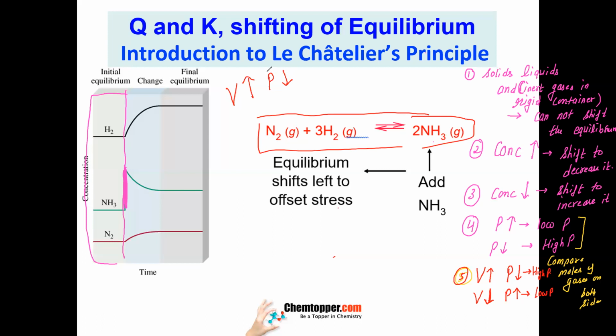So you're doing this change. This is the stress. Now the system will try to nullify this stress by shifting in the direction of high pressure. So it means you have to check which side has high pressure. For high and low pressure, you are going to check the moles on both the sides. Check the moles on this side. Check the moles on this side.